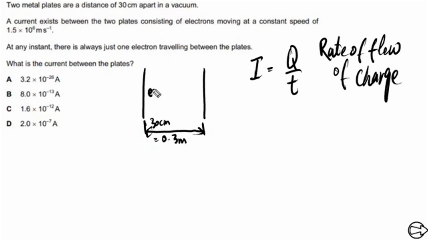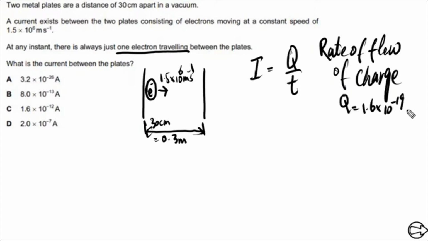An electron is traveling between these two plates, and its speed is 1.5 times 10 to the 6 meters per second. As there is just a single electron traveling between the plates, Q is equal to 1.6 times 10 to the minus 19 coulombs, the charge on a single electron.